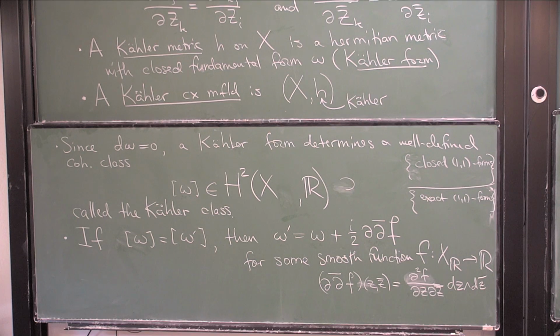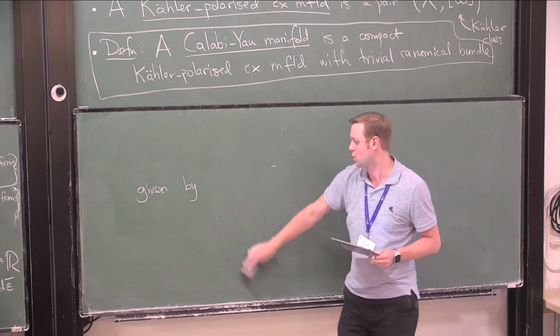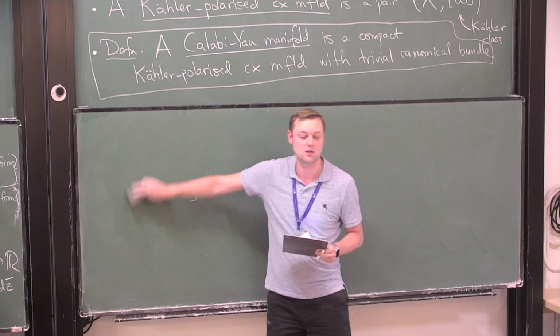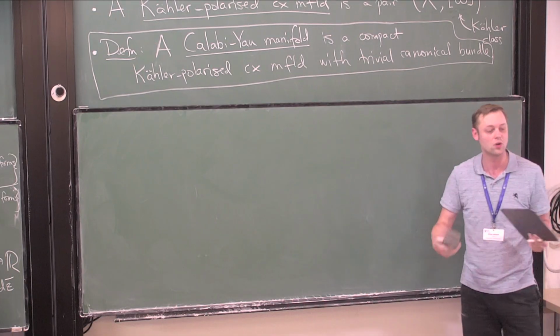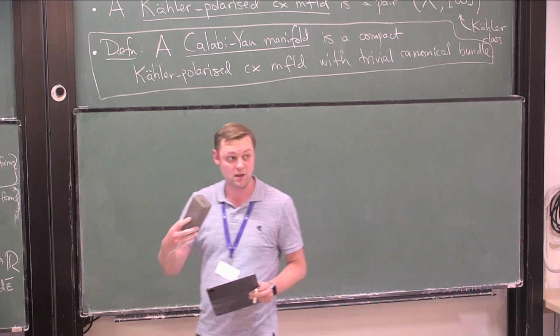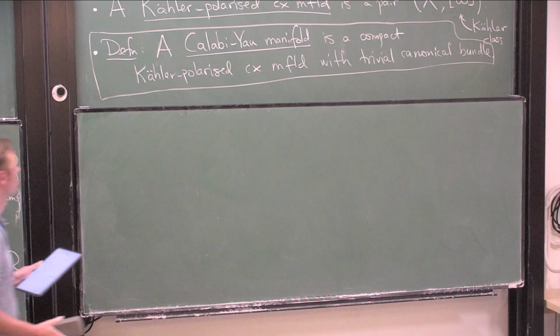You can always do it locally, though, right? Yeah, locally you can always do it, because locally you have coordinates, and you can always write them as z and z bar, and of course we have a local candidate for a Kähler form. But whether or not that thing will extend globally is a completely different matter.